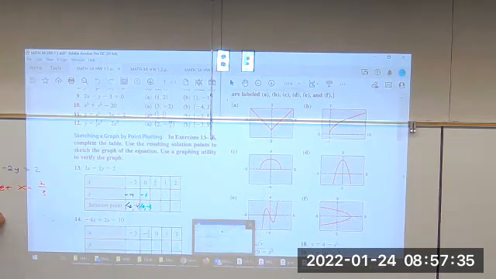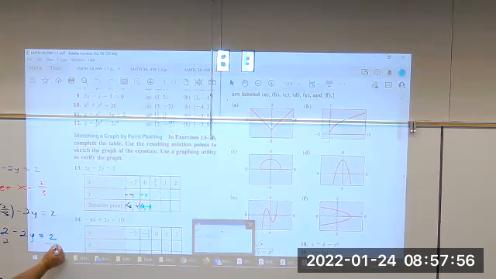So 3 times, plug in 2/3, minus 2y equals 2. Look how nice this is. 3 times 2/3. 3 over 1 times 2 over 3. The 3 is reduced, so it's just 2. Minus 2y equals 2.